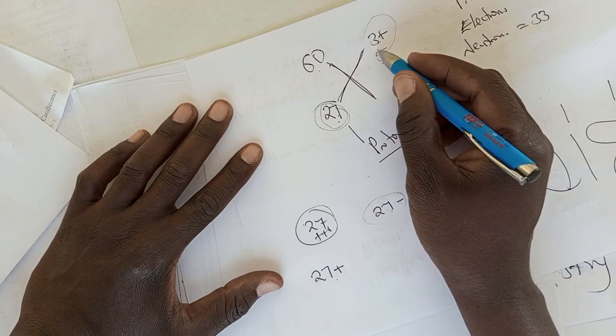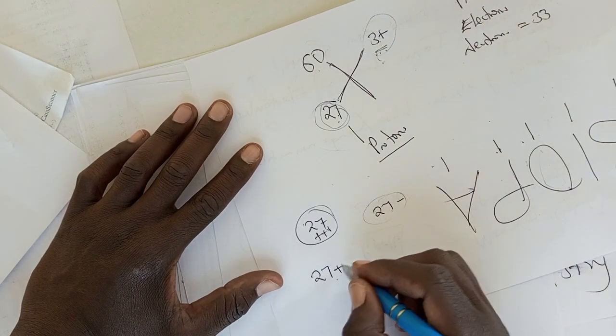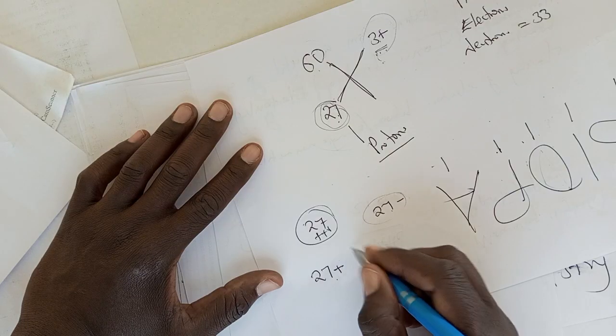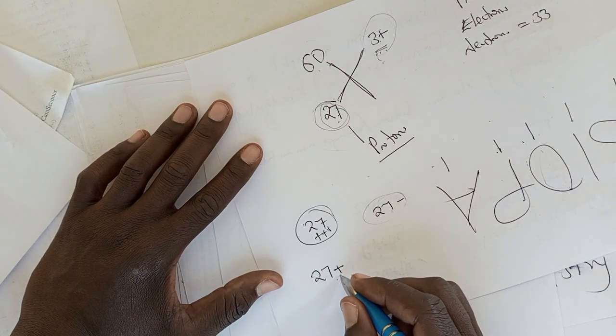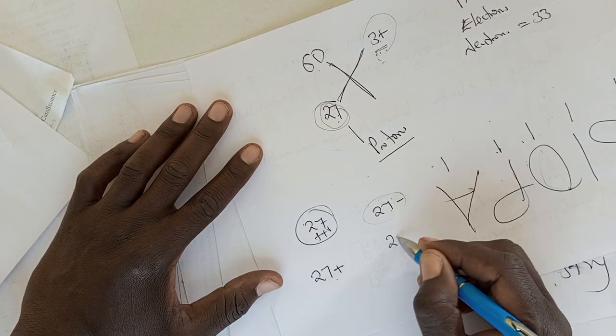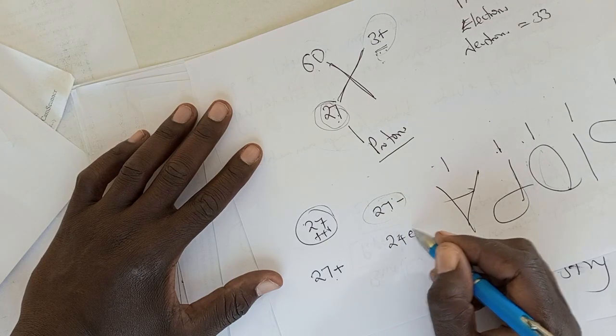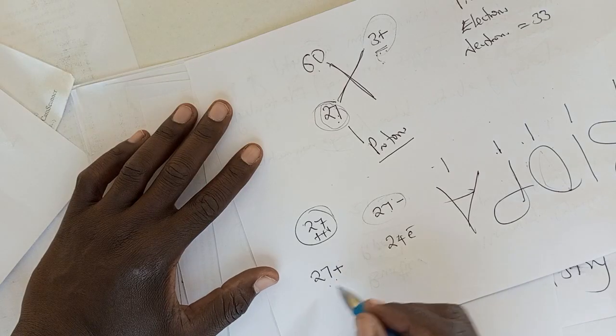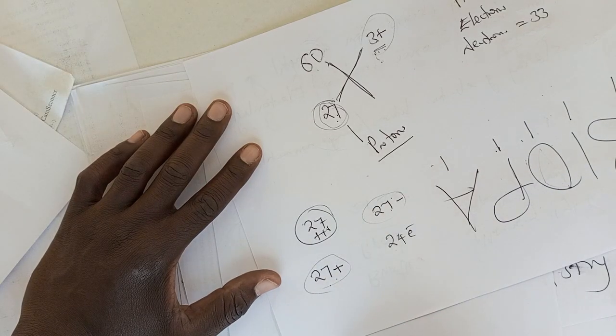But in this case it has a plus, so we are saying that it has lost 3 electrons. Okay, 3 electrons have been lost, and it now has 24 negatives, and then it still has 27 protons.